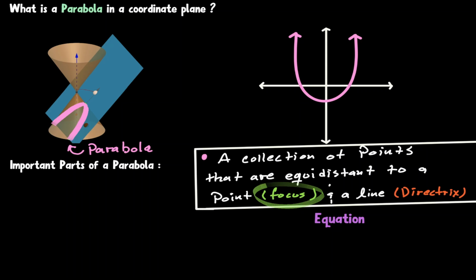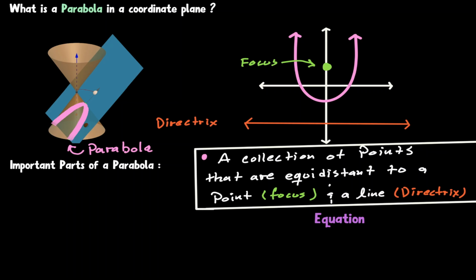The focus point is always inside the parabola, and the directrix is on the outside of the parabola, and it is always perpendicular to a line that passes through the focus. And this is also shown in the intersection between the plane and the cones.